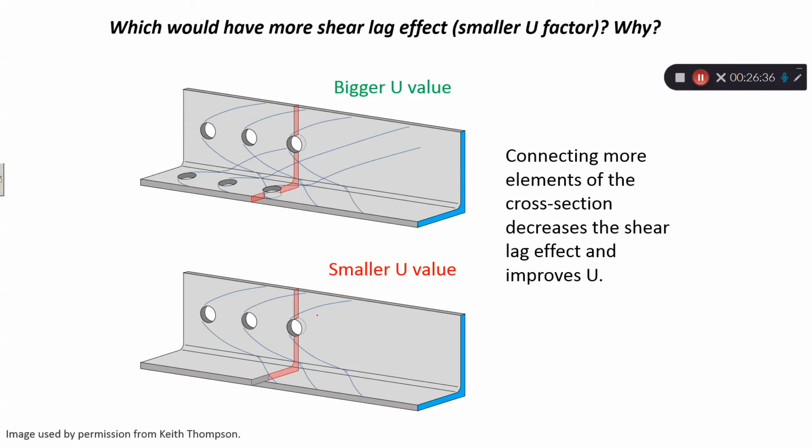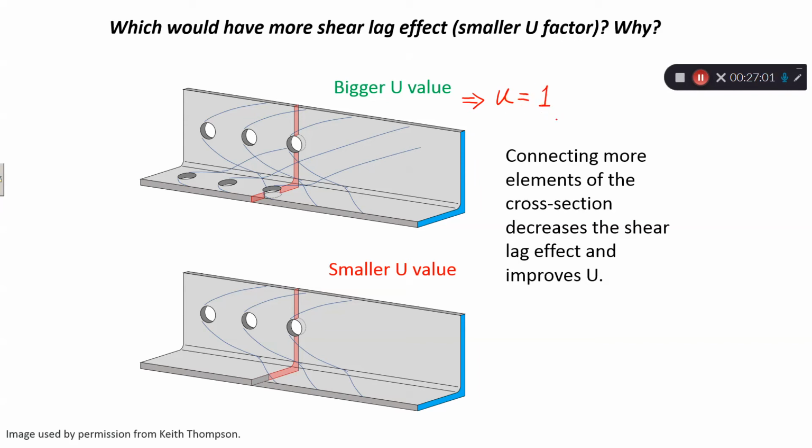Meanwhile, if I only have one row of connection, or it's only connected in one leg, then the other leg will be left unstressed, right? So if all the elements of the member are connected, we can consider U just equal to 1, right?